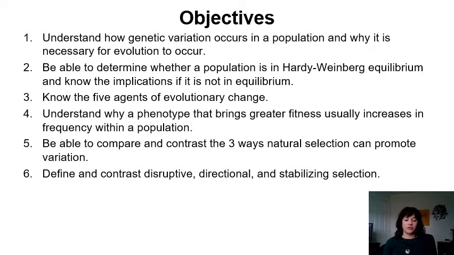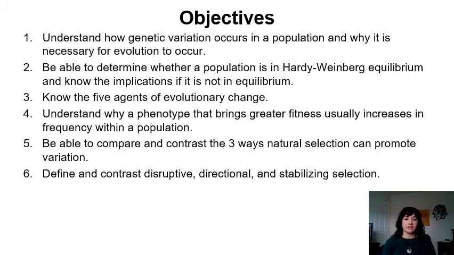Fifth, you should be able to compare and contrast the 3 ways that natural selection can promote variation. And then sixth, you should be able to define and compare disruptive, directional, and stabilizing selection.